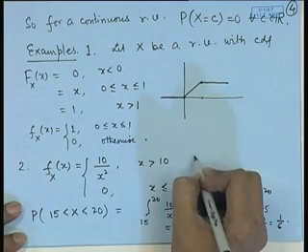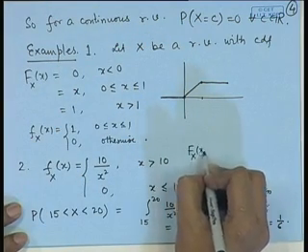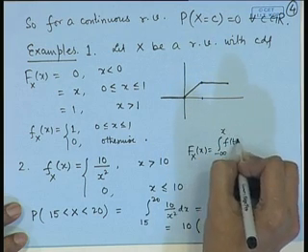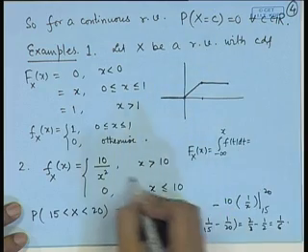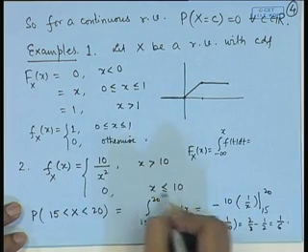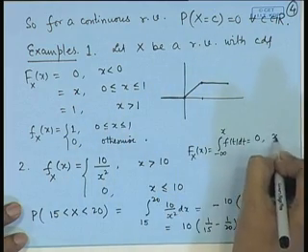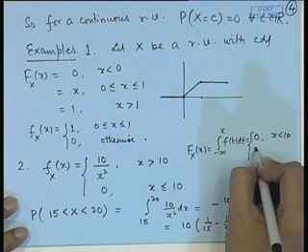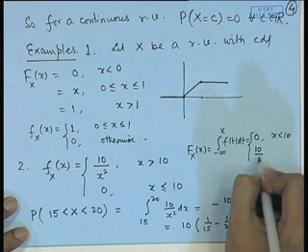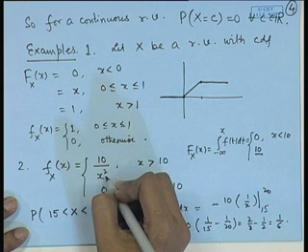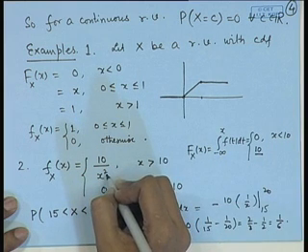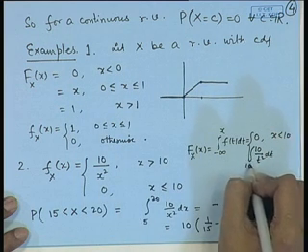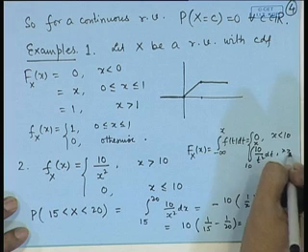If we want to find the CDF here, then it is the integral from minus infinity to x of f(t) dt. Now, here the positive value of the density starts from the point 10, therefore it will be 0 for x less than 10, and thereafter it will be the integral of 10 by t square from 10 to x, for x greater than or equal to 10.